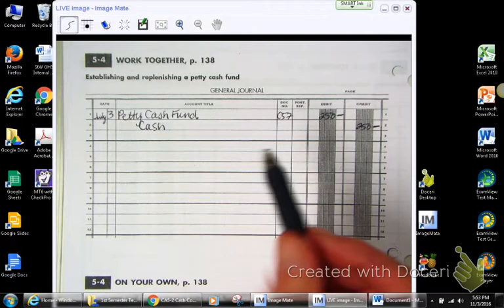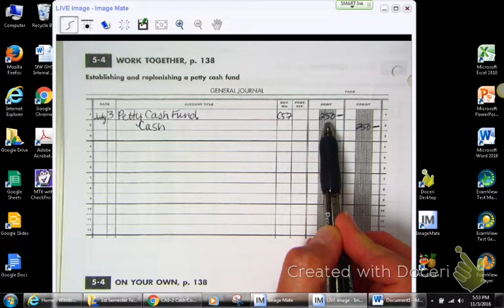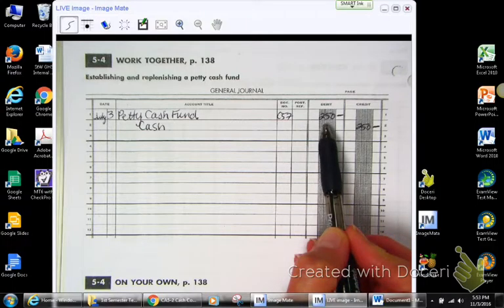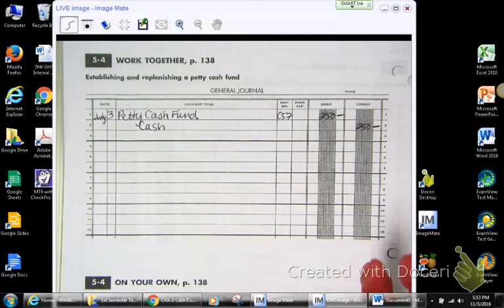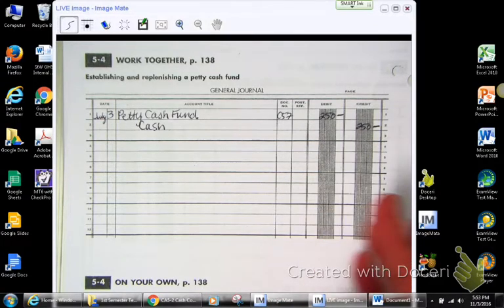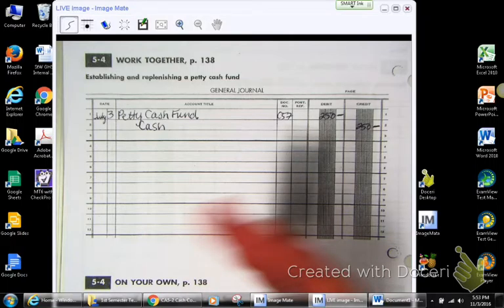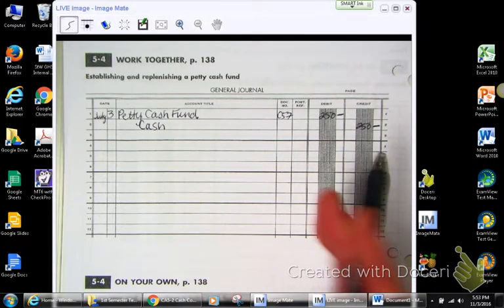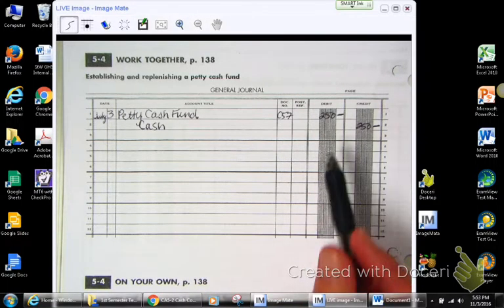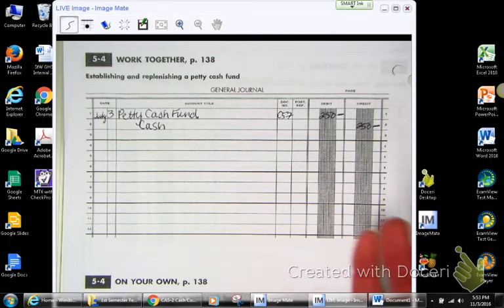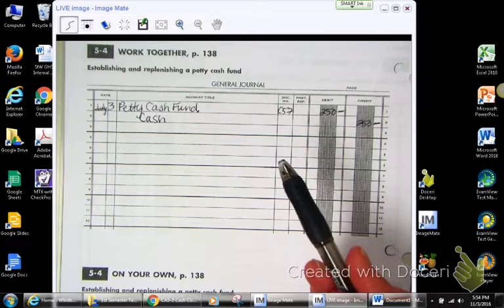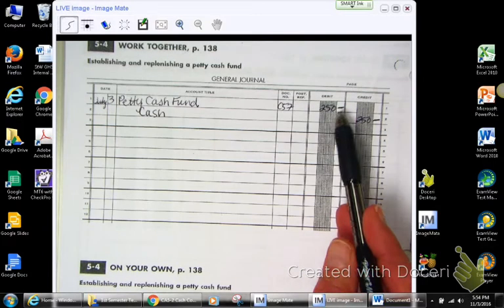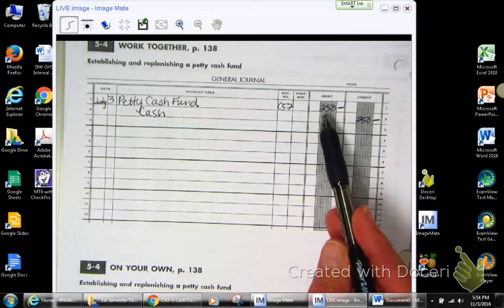If we established a petty cash fund for $250, we might have a replenishment threshold when our balance went down to, say, $50 or $75. So if we kept taking petty cash out of our drawer to pay for random miscellaneous things, when our balance got down to $50 or $75, even if it wasn't the end of the month, we might replenish it at that point. The minimum would be the end of the month.